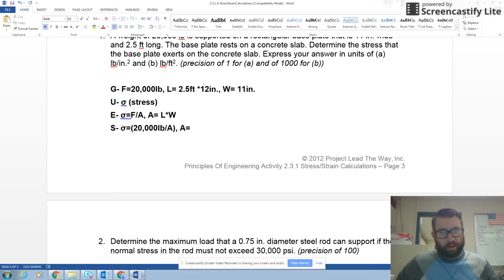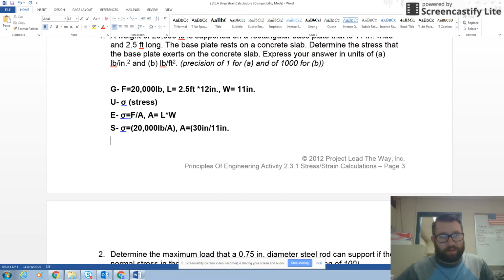So I'm going to go 2.5 feet times 12 inches, which is 30 inches, and then that's going to divide by 11 inches. So that's my substitute. And then lastly, it's the solve. If I key that into my calculator, I can get the answer for problem number 1.